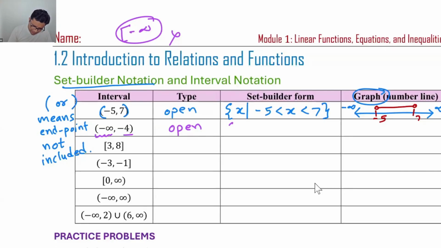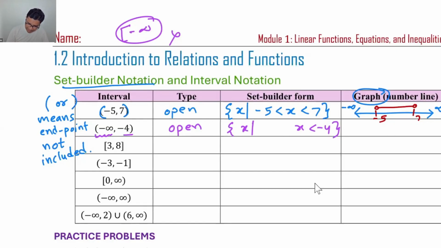And in the set builder form now, you can say this. x such that, now you can write negative infinity is less than x is less than negative 4. No harm, just the regular way how we wrote before. But then what I will do is I'll remove this.